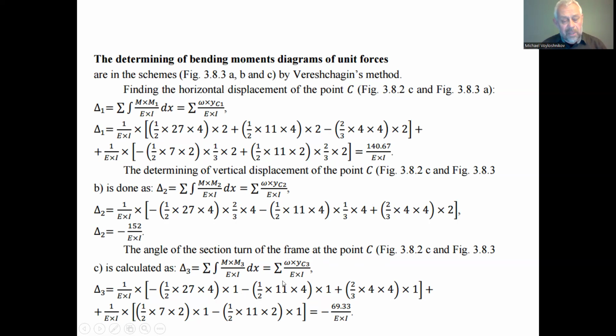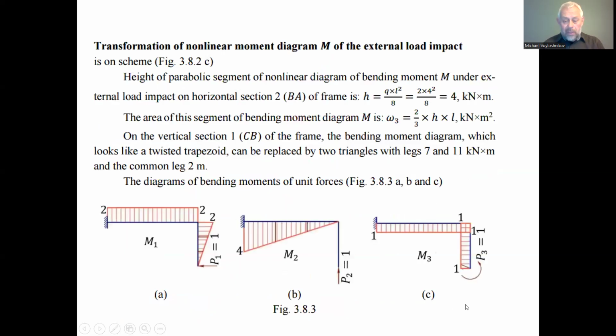This is angular displacement, but the same sequence of determination, only we use the ordinates of the bending moment diagram taken from the diagram here of the same sign as the previous one, when we found the displacement in the upward direction of the point C. Here we have the same sign diagram, but this is an evenly distributed diagram, very easy to use, as the ordinates of all of the diagram are 1.